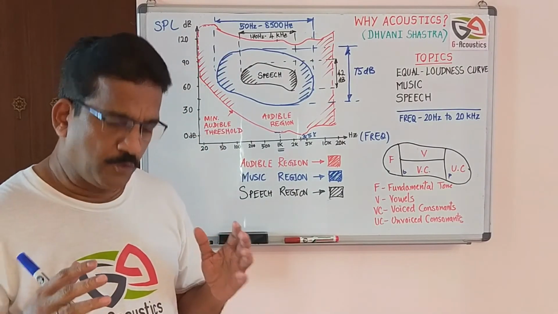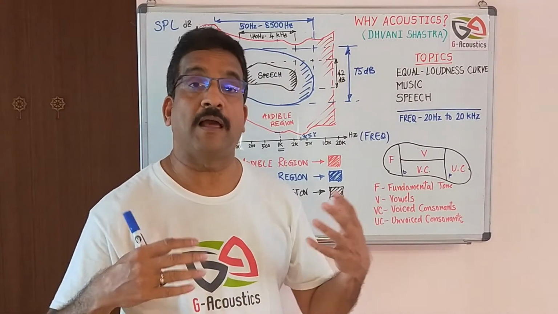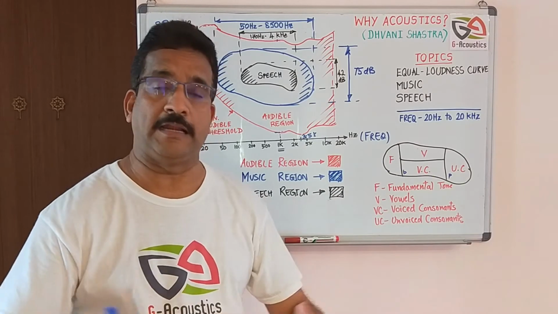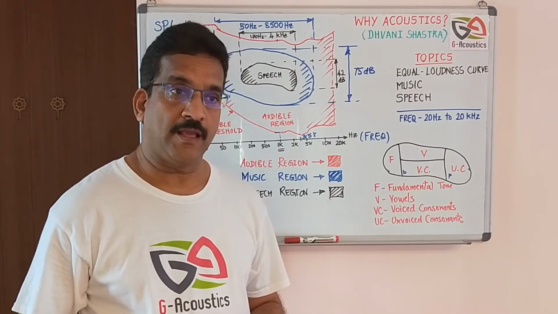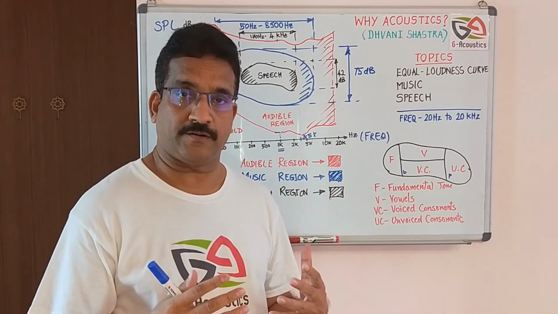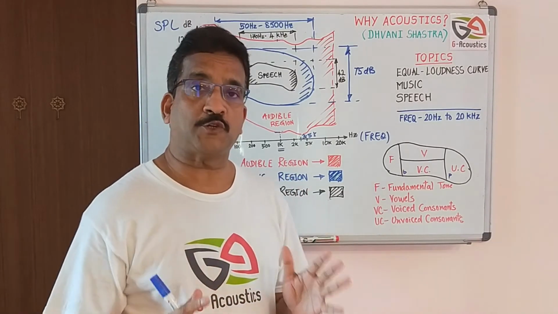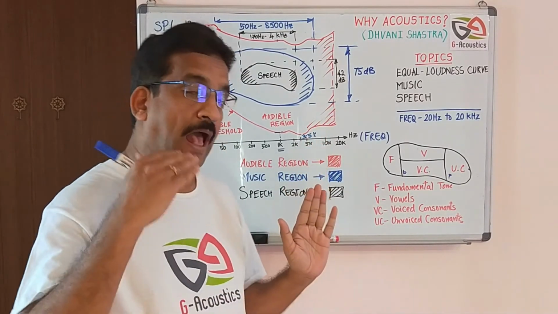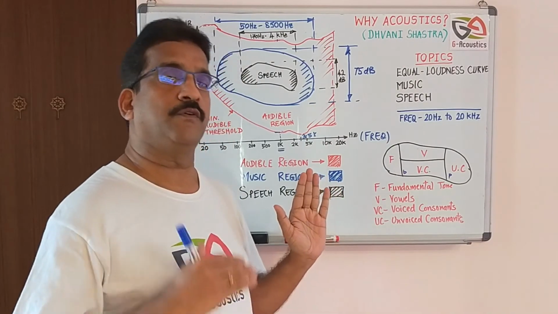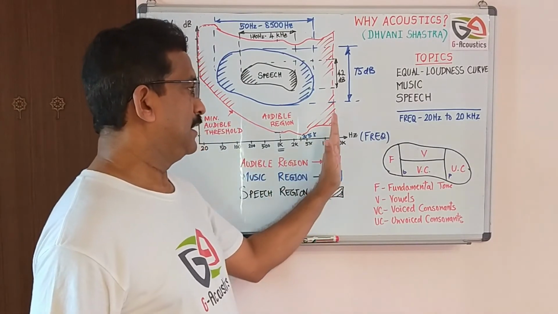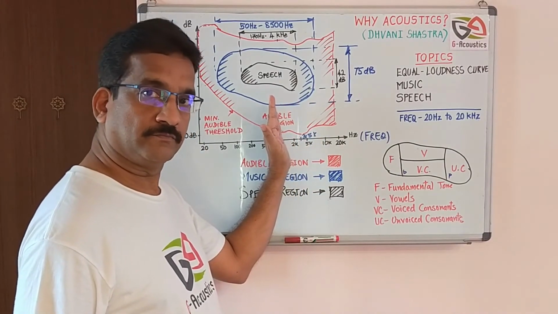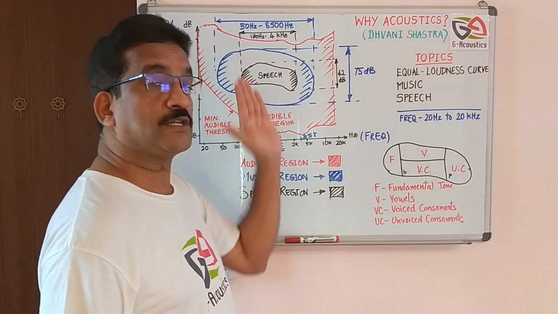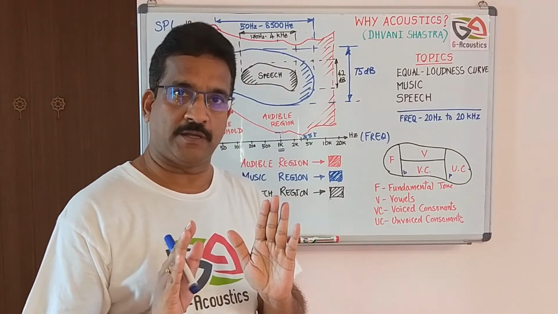Now, you must have experienced this with some elderly people. Sometimes when you are talking, they are hard of hearing. One of the natural things that happens as we age above 50 is that the high frequency response is going to get limited. But this region is going to stay the same.